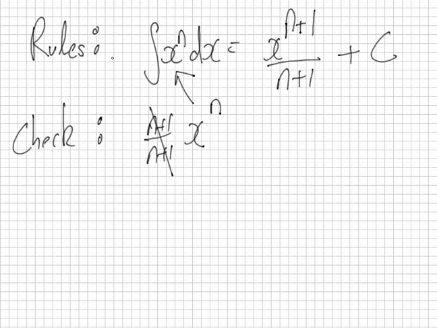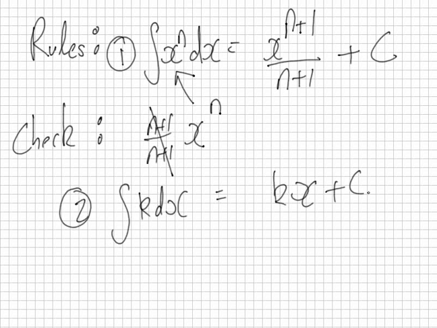If you want to number them, rule 1. So you increase the power by 1 and divide by the new power. Rule 2, if you have just the constant, it will be the constant times x plus c. Okay.